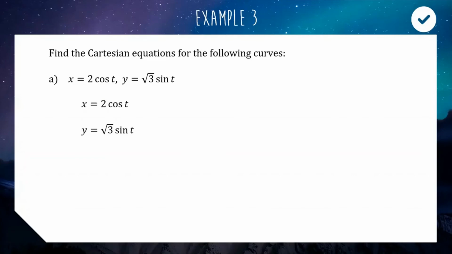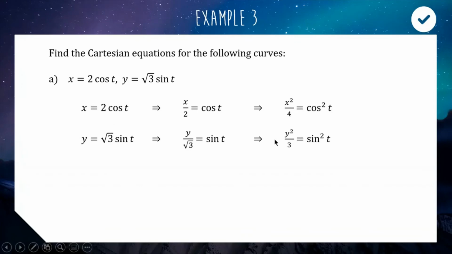All right, so we have x equals 2 cos t and y equals root 3 sine t. So this is very similar to the last one, except we have constants in front of these two. The way we're going to handle those is we're going to just get rid of them. So I'm going to move this 2 under here and move this root 3 under here. Now that we have x over 2 equals cos t, and y over root 3 equals sine t, again we can just square both of these equations.